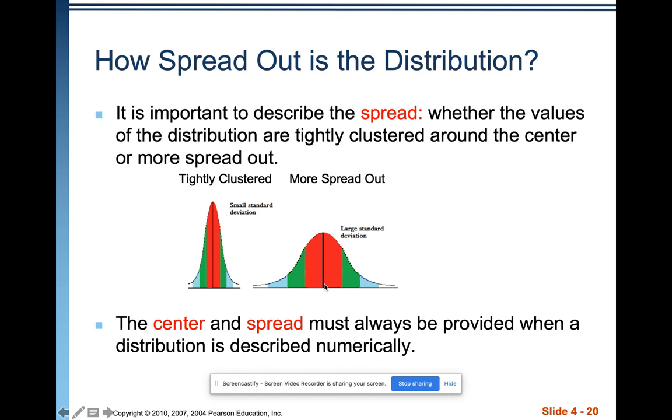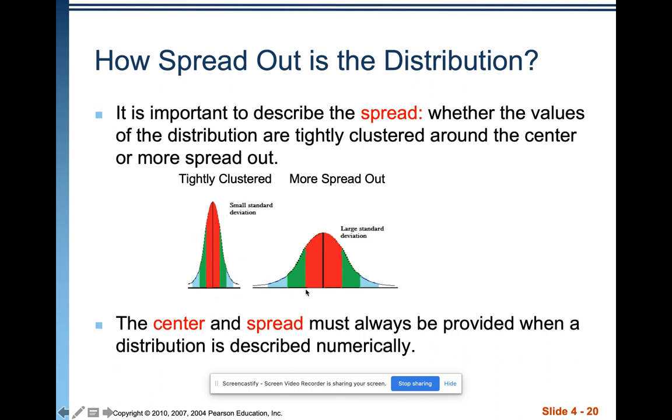So anytime you are describing a distribution numerically, you want to give the center and the spread. You don't want to just tell the center because that doesn't give the whole picture. Imagine these are test grades, and there's one test where here's the center and there's very little spread.